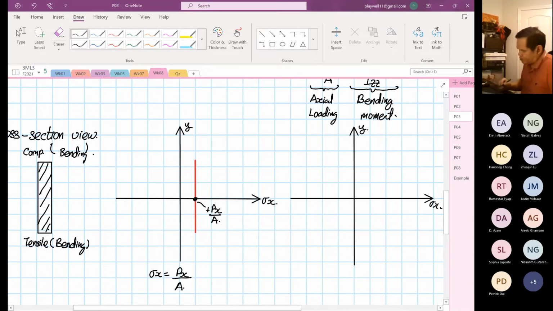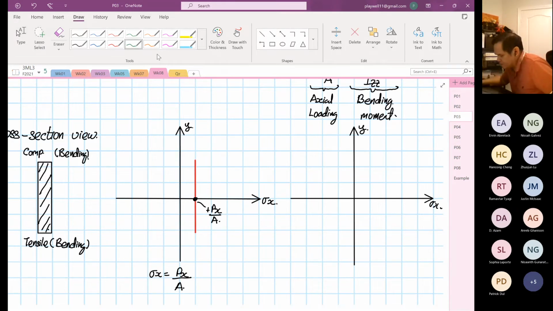We know that the top is in compression and the bottom is in tension due to the bending. So this is how your stress field will look.